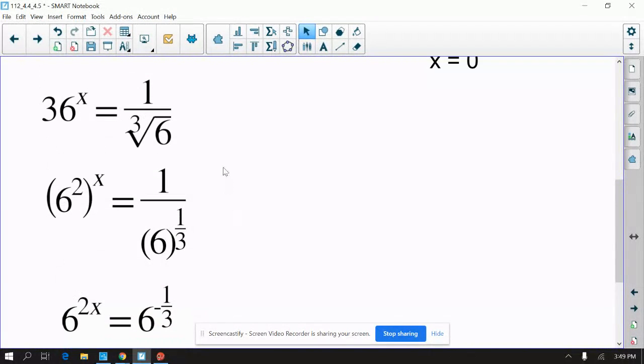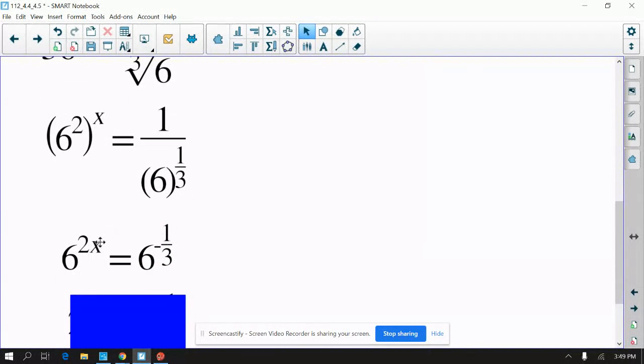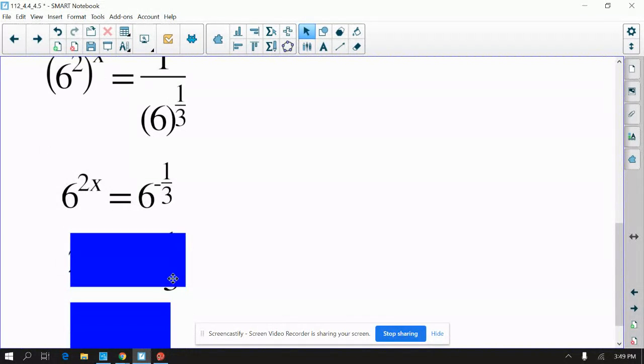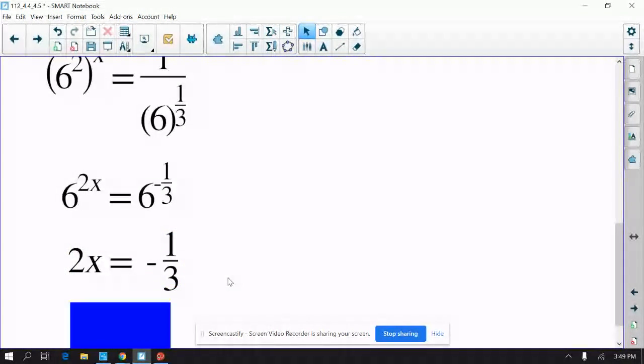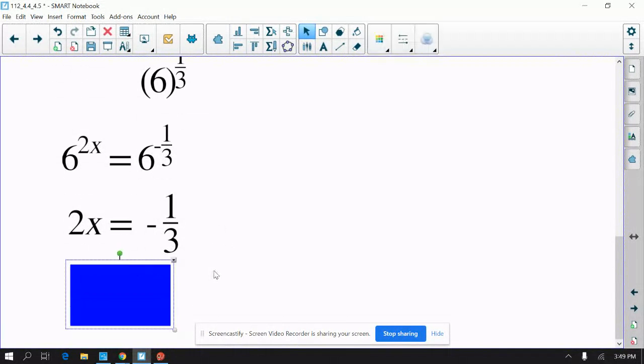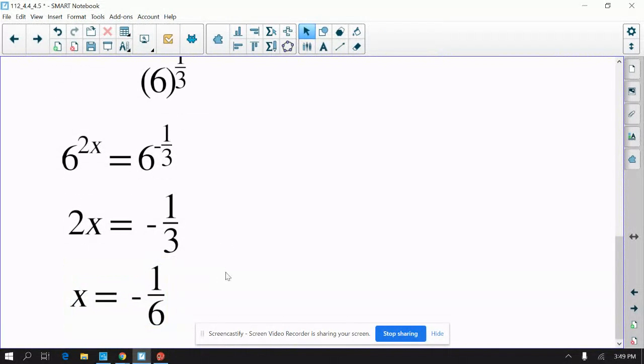So something that looks very, very intimidating has now become just a little baby sparrow. These two things are equal to each other. Their bases are the same, which means their exponents have to be the same. 2x has to equal negative a third. You divide by 2, x equals negative 1/6.